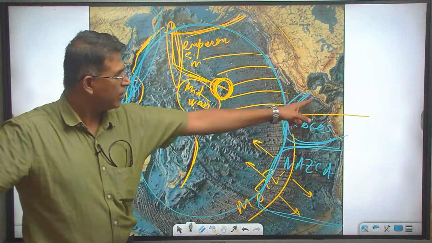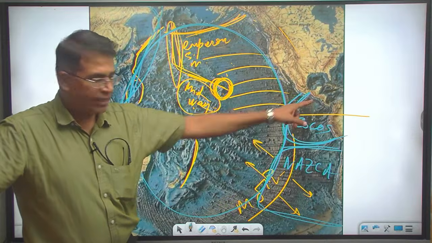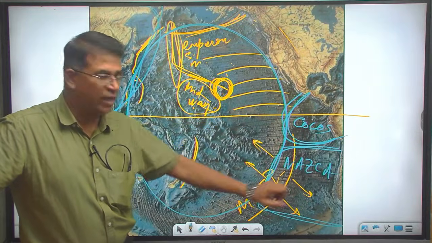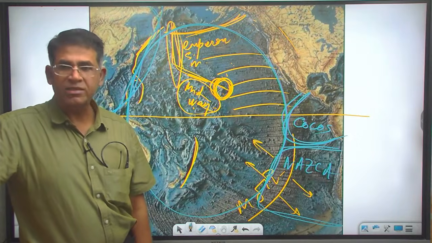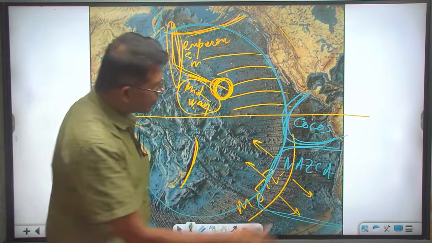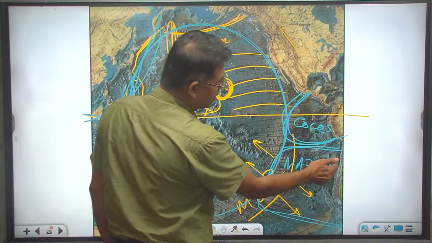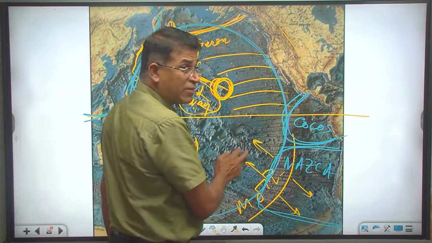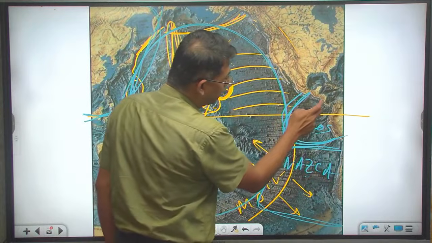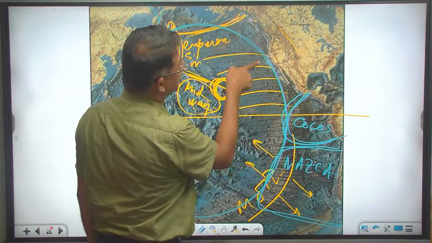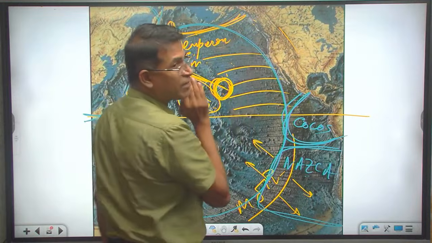Cocos plate is along the Middle American side, and the Nazca plate is more along the South American side. So यहाँ पर जो subduction हो रहा है ना, यहाँ पर subduction is not of the Pacific Ocean, it is of the Nazca plate. It is of the Cocos plate. यहाँ पर subduction जो है, this is of the Pacific plate.